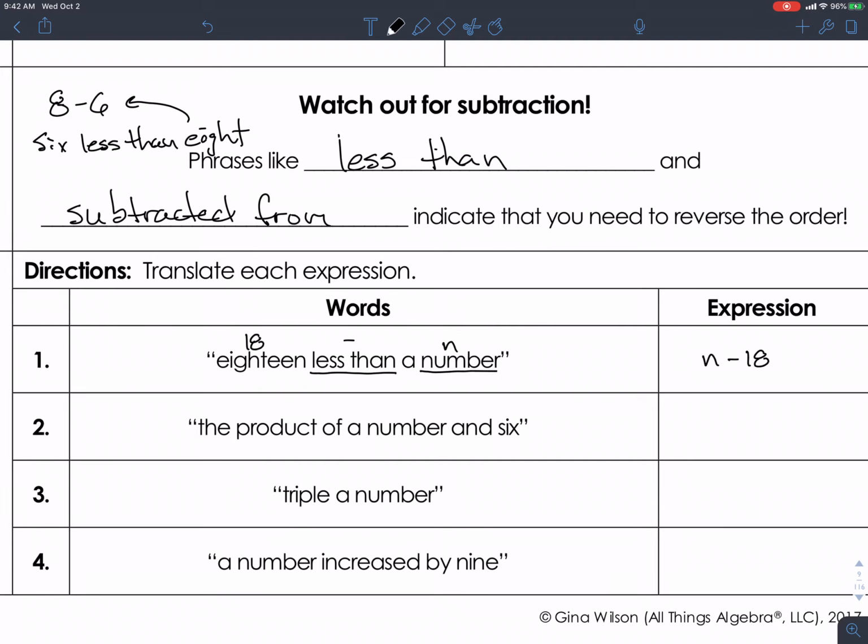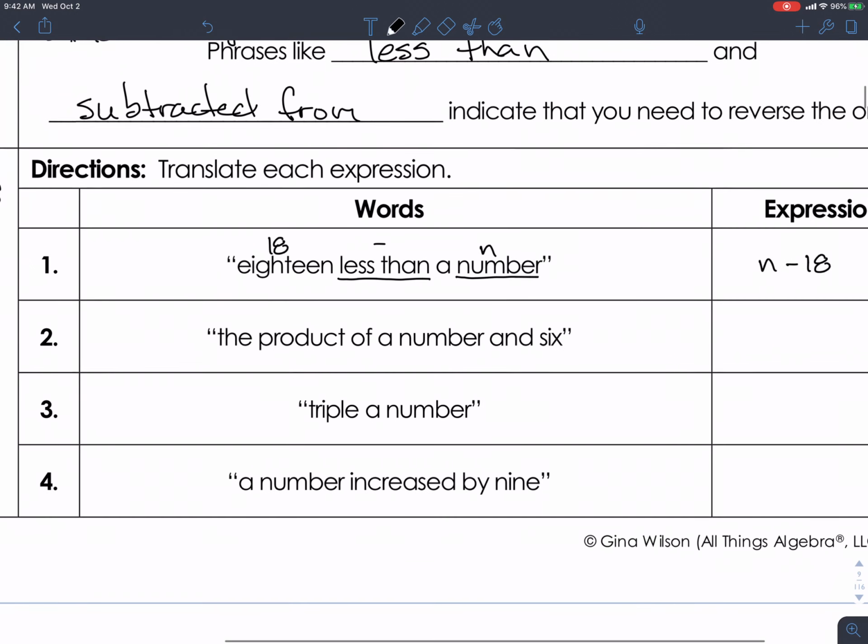Break these things down really simply. Let's look at number 2. The product of a number and 6. We know product and of usually mean multiplication. I probably shouldn't put an x because that's usually our variable. But since we're going to use n for our variable, let's use a little dot.